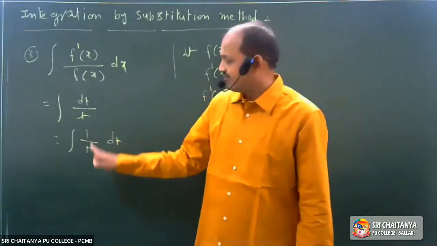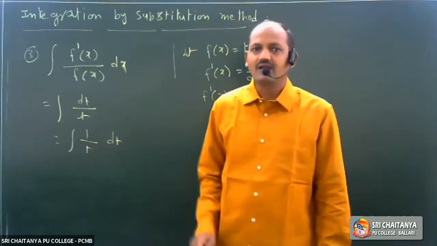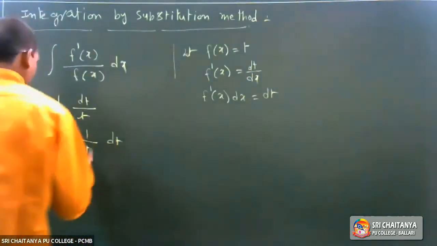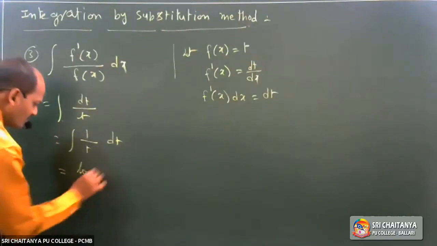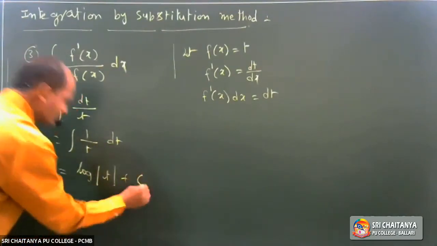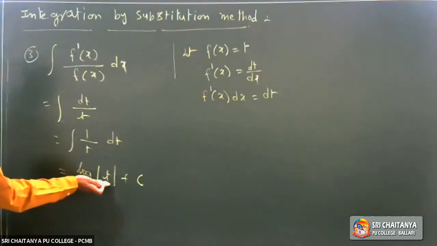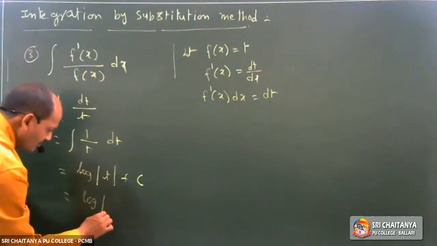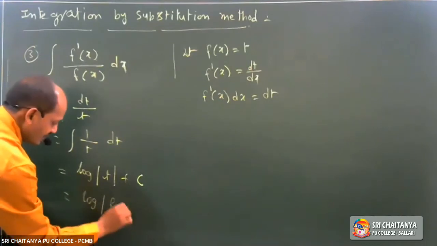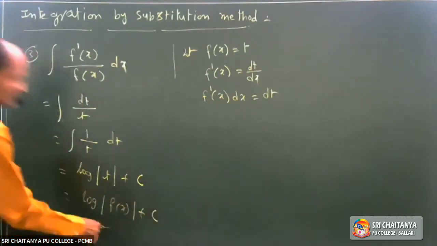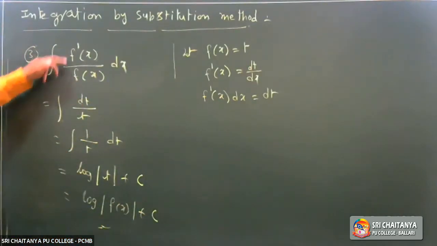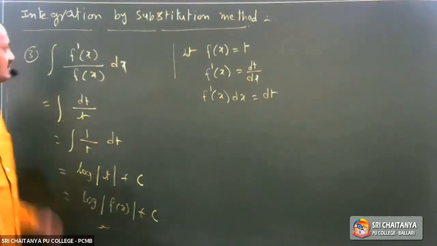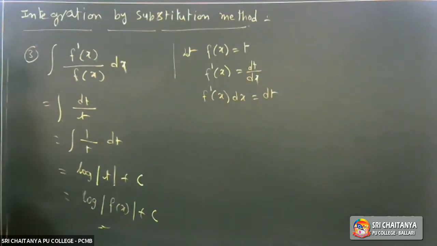So integral of 1 by t dt is log mod t plus c. Again we have to substitute, instead of t, f of x. So log mod f of x plus c. So integral of f dash of x by f of x is equal to log mod f of x plus c. Right, write down, it is the third condition.